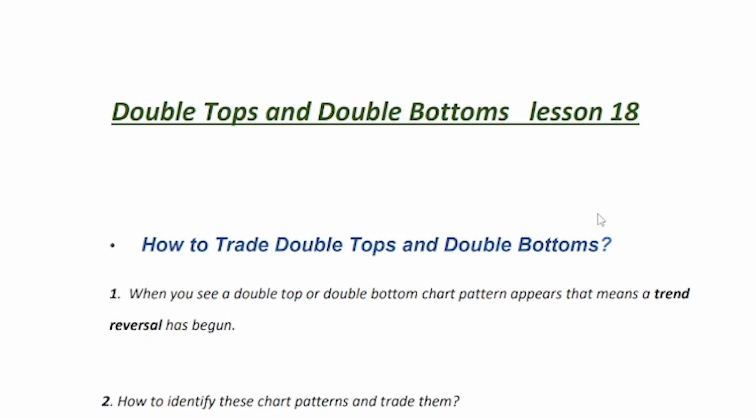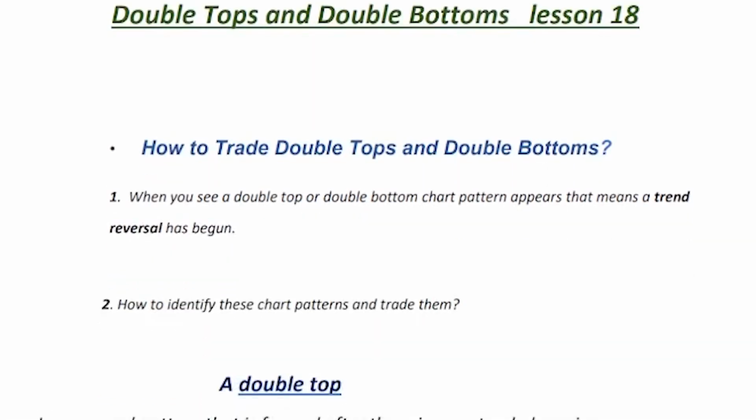If you are going in the uptrend and the double tops appear, you are expecting the downtrend or a bearish reversal. When the market is moving down in the downtrend and the double bottom appears, at that time you have to keep in your mind that you are expecting a bullish reversal, or change of direction to the upside.